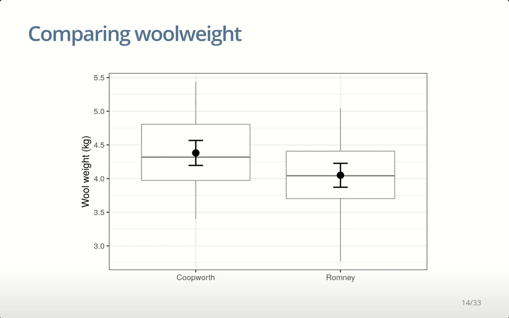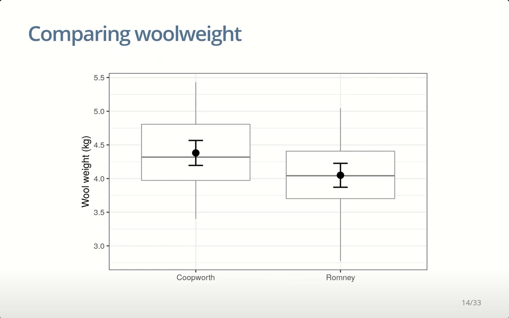So it's plausible that in the population, Coopworths produce 4.2 kilos, and Romneys also produce 4.2 kilos, i.e. they're the same. And by chance, we've got a sample that's slightly higher for the Coopworth and a sample that's slightly lower for the Romneys. So that is a plausible population mean that is somewhat consistent with our data.